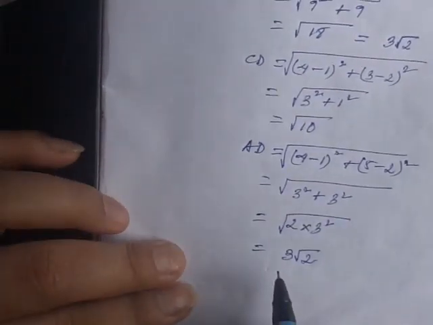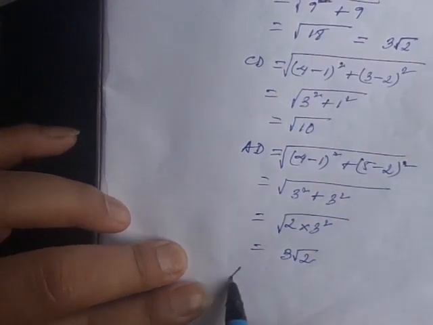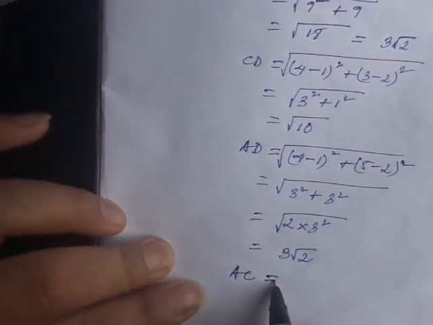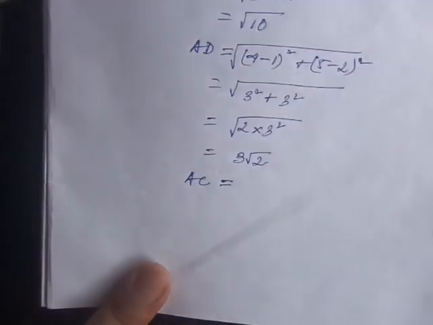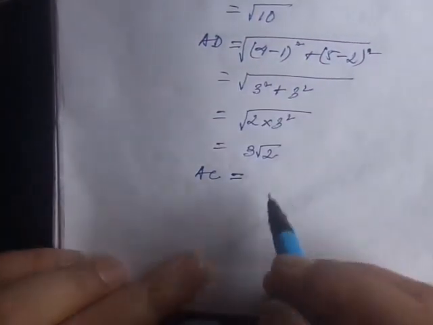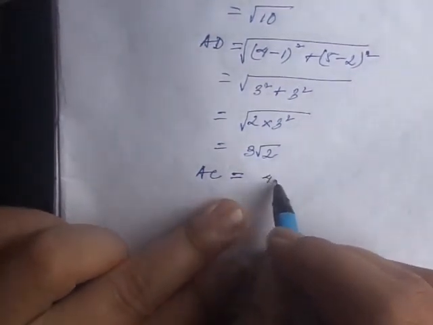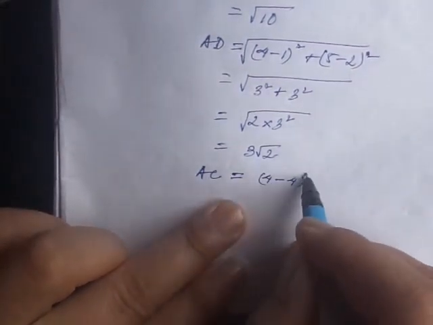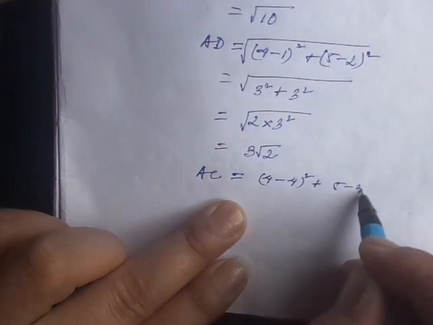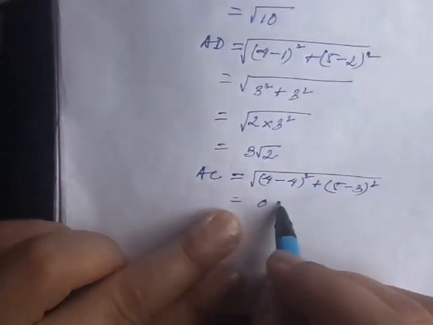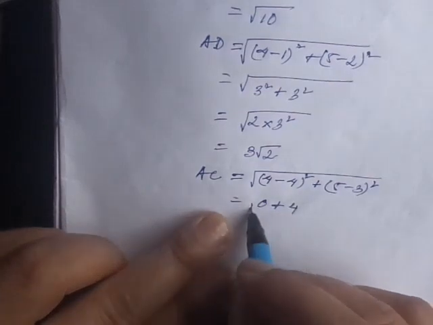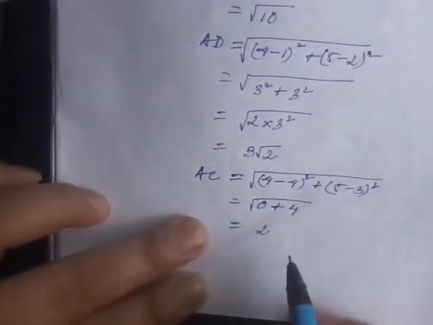Then let's find out these diagonals. EC equal to, 4 minus 4, so 0 plus 2 square is 4, so that means we get 2.